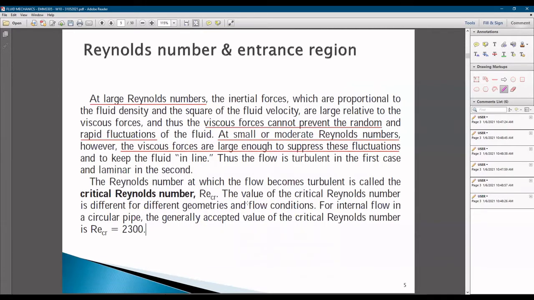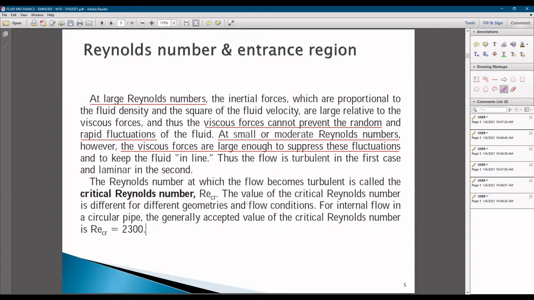At large Reynolds number, the inertial forces, which are proportional to the fluid density and the square of the fluid velocity, are large relative to the viscous forces, and thus the viscous forces cannot prevent the random and rapid fluctuation of the fluid.